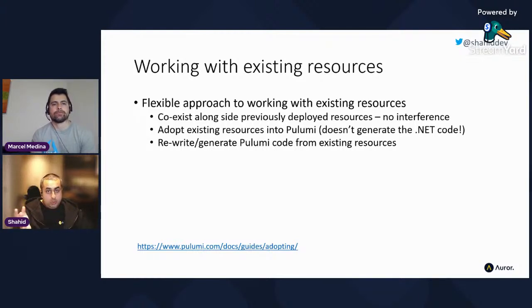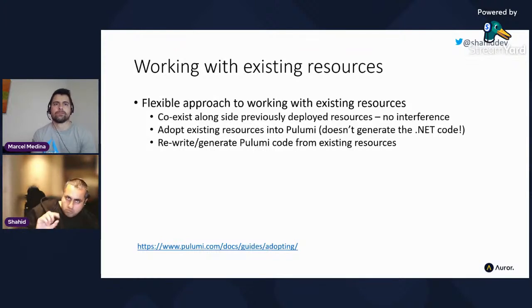So what you can do, and this is roughly where we are at the moment, is have them coexist. We have the stuff that we've deployed through ARM, and then we have some of the new stuff that's now being deployed and managed through Pulumi. And they coexist. They don't really touch each other.